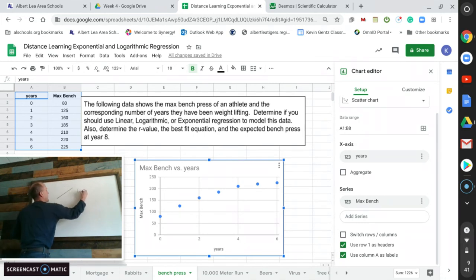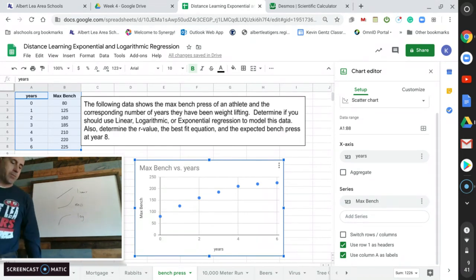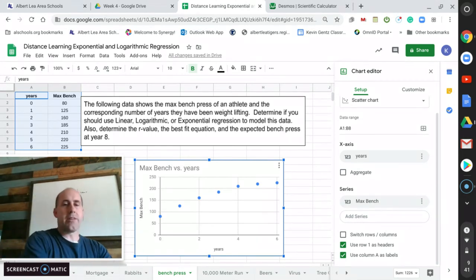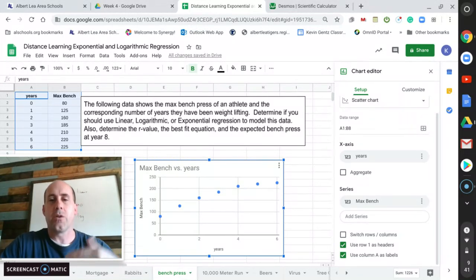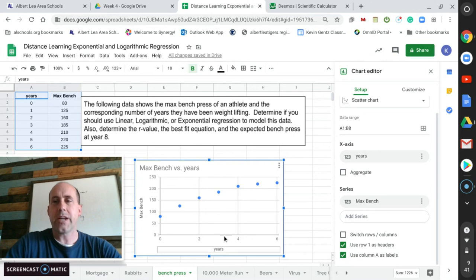That's linear. That's exponential. And that's logarithmic. Those are the type of shapes that they make. And so looking at the data, you could kind of figure it out that if you're doing something like weightlifting, you might start off increasing a lot right away, but eventually you kind of taper off. So logarithmic is a really good option here.